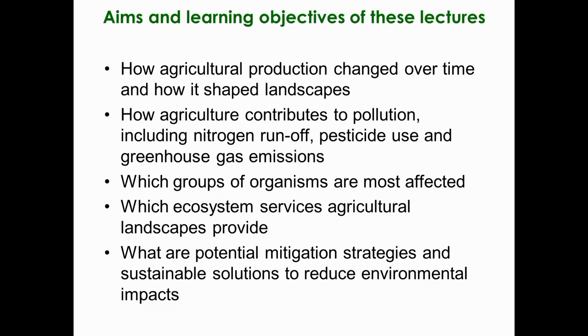These are complex scenarios. It's not black or white. It's not simply that intensive agriculture is bad for biodiversity and avoiding these agricultural systems is good. It's more nuanced than that. And there's not a single simple solution to overcome some of these problems that I'm going to describe.